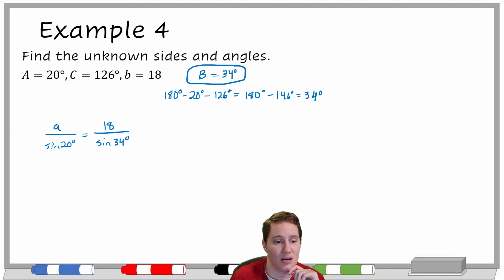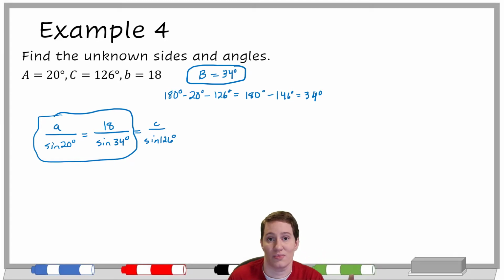So that's a fraction we're going to use. And then we don't know C, sine 126. For this, it's actually really easy to use all 3 fractions and just ignore the fraction on either side as we need to. So here this would be A over sine 20 equals 18 over sine 34, cross multiplying, A sine 34 equals 18 sine 20.